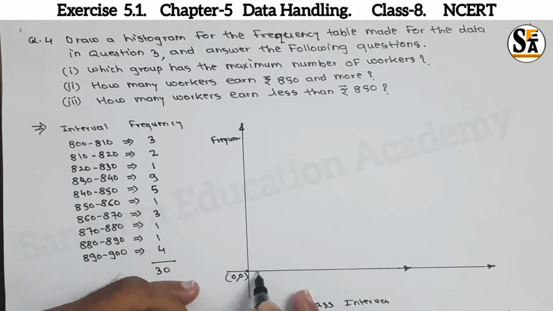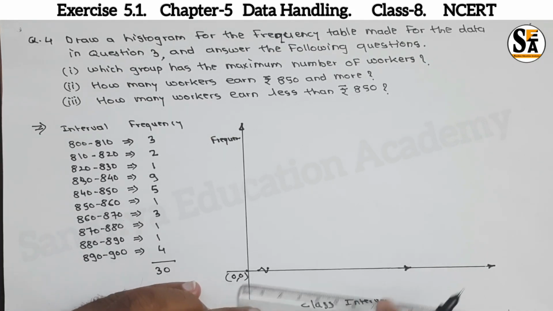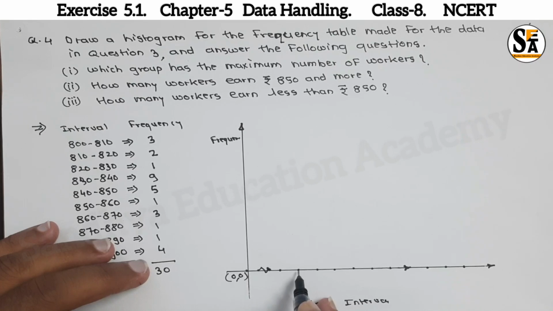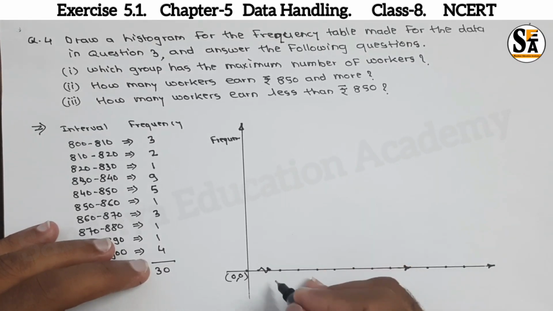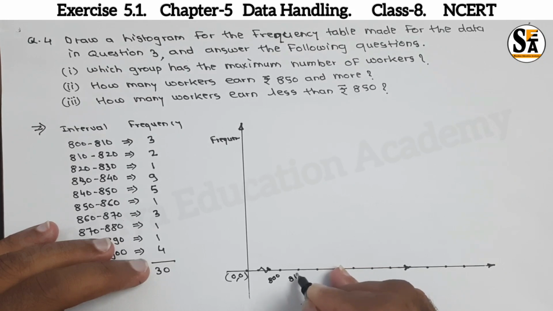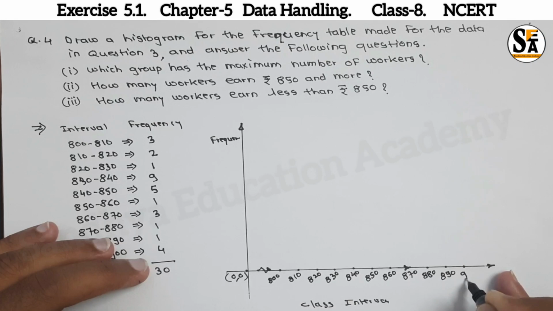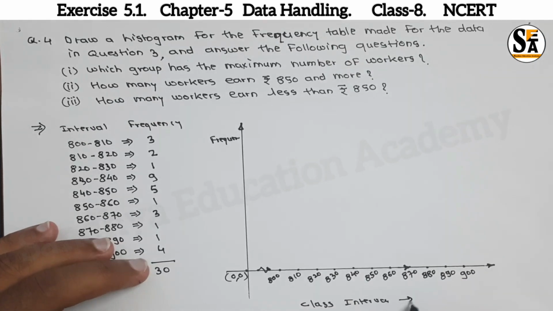So just break this line here. Means this line, though it is 0, we are marking here from 800. So this portion is a break. So take a 1 centimeter scale for one class interval. Suppose this is 800, it will be 810, it will be 820, up to 900. This is the class interval.